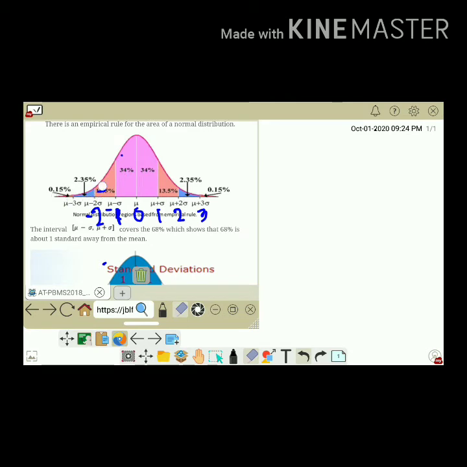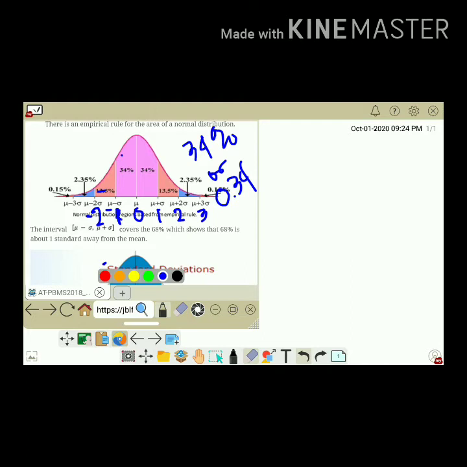Okay, so next we have here, as you can see, the area from the mean going to mu plus standard deviation, which is your 1, is 34%, or 0.34. Maybe later on you're going to be confused why we are using decimal values. As you can see, that is 34% also to the left, or going to the -1.